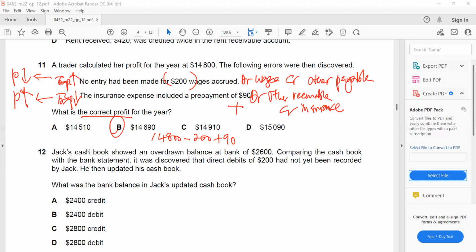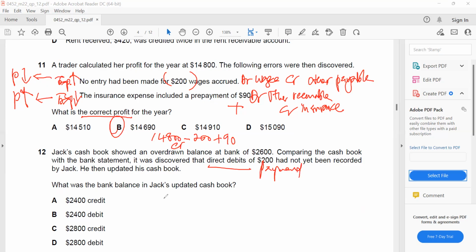Question 12. In this case, the cash book shows overdrawn. Overdrawn means that credit balance. Compare the cash book with the statement. It was discovered that direct debit has not yet been recorded. Okay. This is a payment in the bank statement. So what was the bank balance after?